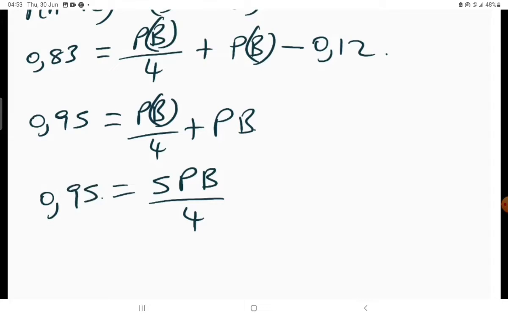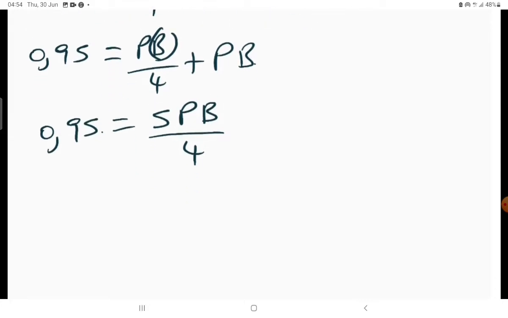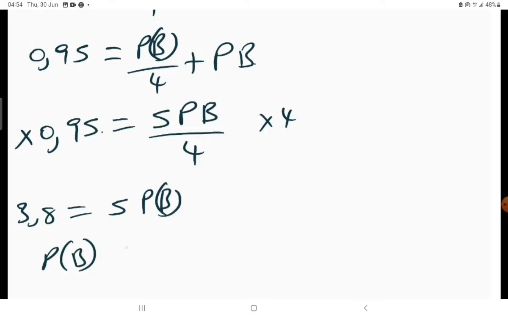So we have this kind of situation. We can just multiply by 4 throughout, so that we have 0.95 times 4, which is going to be 3.8, equal to 5 times the probability of B. So the probability of B, when you divide by 5, you will just get 0.76.